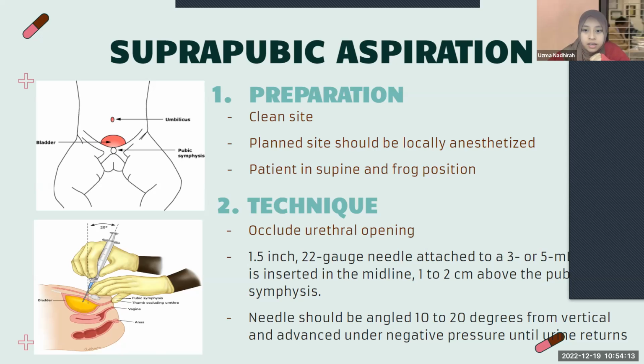Then we insert a 25 gauge or 22 gauge needle on a 5 ml syringe in the midline at the insertion site I mentioned. The angle should be 10 to 20 degrees from the vertical, and you advance it under negative pressure until urine returns.